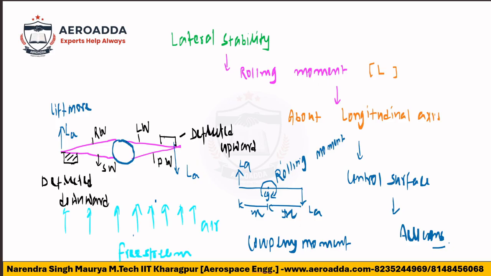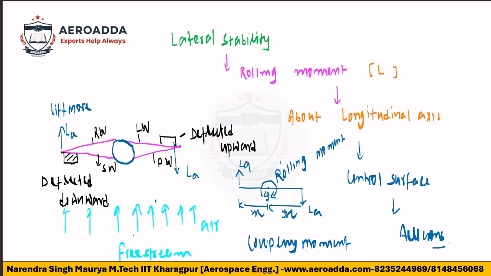explain to you. Just like in longitudinal stability, in the case of lateral stability also we have a positive roll and negative roll kind of things. And then we'll go to the same thing, we'll talk about the yawing moment, or lateral stability, where rolling moment.